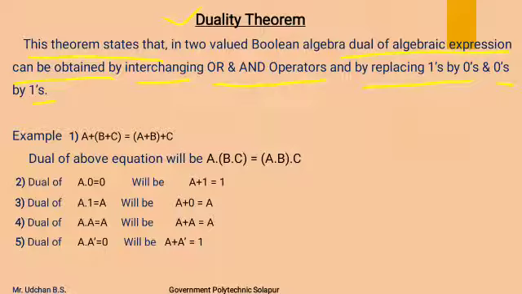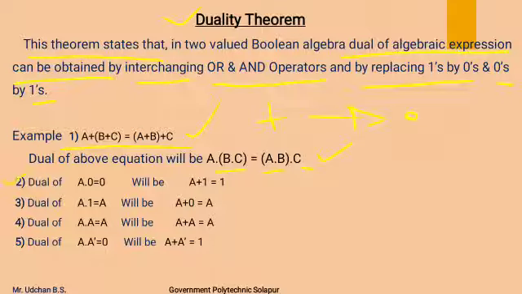In the first example, A plus B plus C is equal to A plus B plus C. The dual of this equation can be written as, that is, OR operators are replaced by AND operators, which can be written as A into B into C is equivalent to A into B into C. That is, the plus operator is replaced by a dot operator, and we can replace a dot operator by a plus operator to get the dual of any equation.